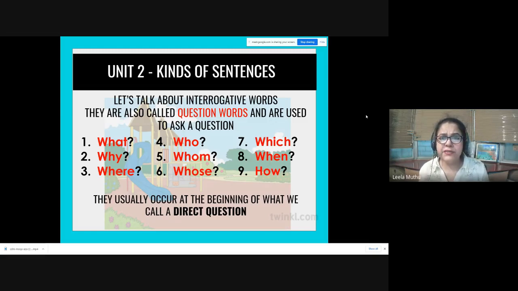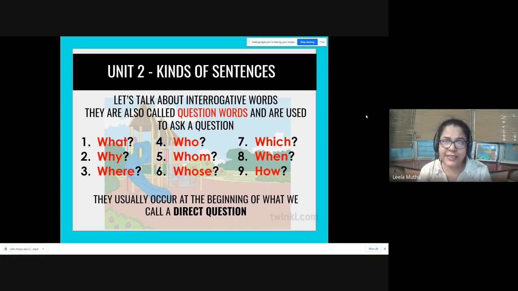Okay, so now interrogative. Now, there are a lot of words which usually come before a noun or before a verb, which basically, when you're asking a question, the words are what, why, where, who, whom, whose, which, when, how.